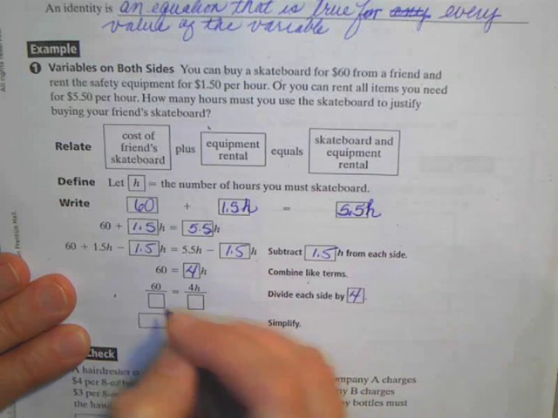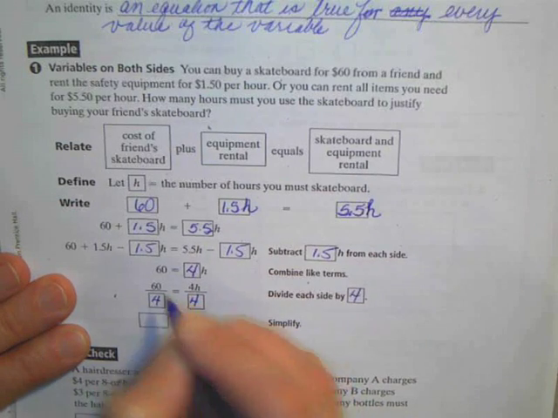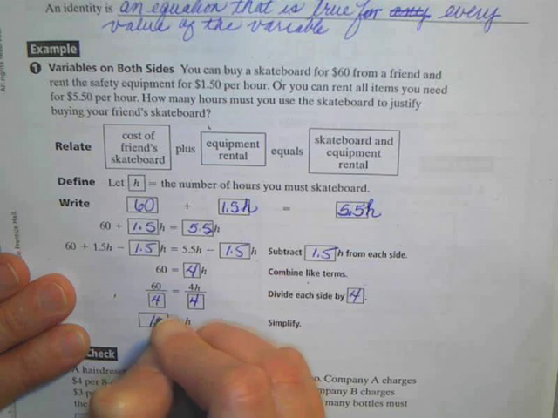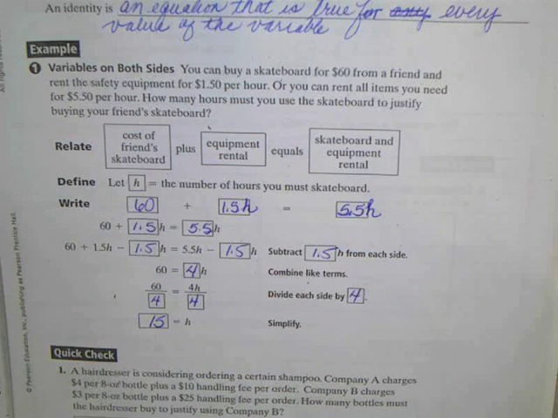Now I'll divide each side by 4. 60 divided by 4 is 15. So H is 15. So 15 hours. You must use your skateboard 15 hours to justify buying that, or really over 15 hours to justify buying that.